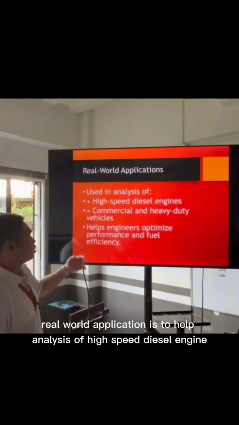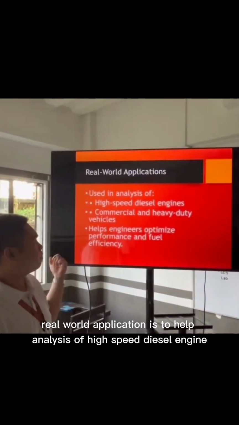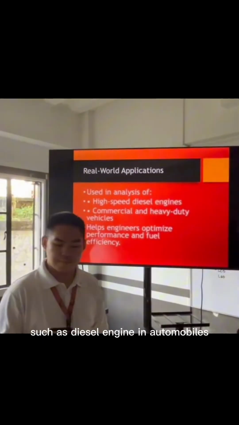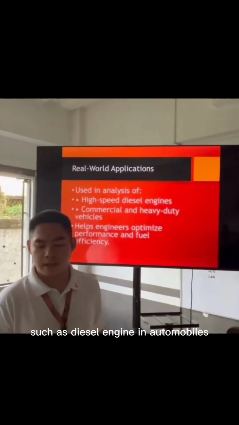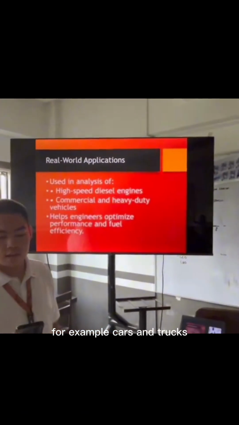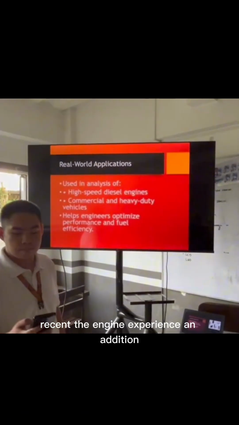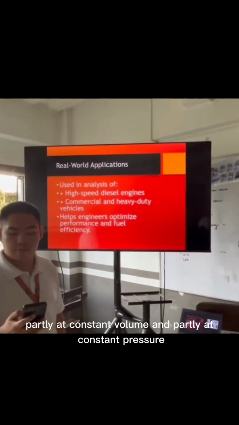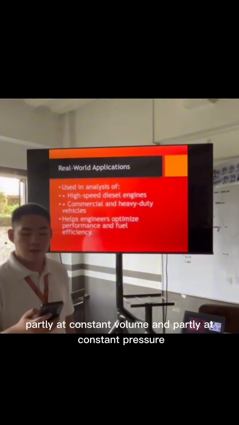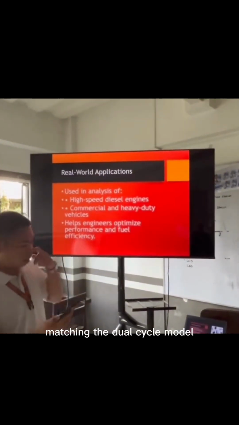Real-world applications use the analysis of high-speed diesel engines, such as diesel engines in automobiles, for example cars and trucks. The reason: the engine experiences heat addition partly at constant volume and partly at constant pressure, matching the dual cycle model.